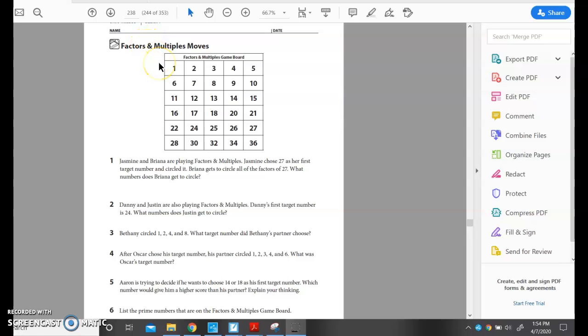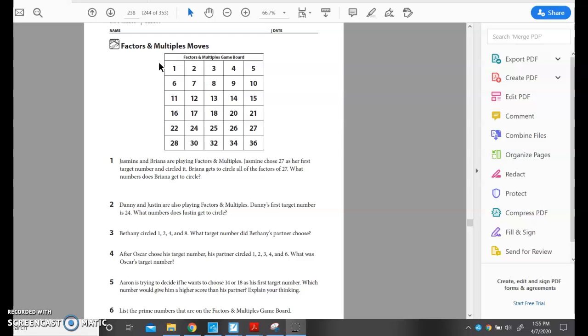Okay, remember, factors are pairs of numbers that you multiply together to get your starting number. So for example, a factor of 12 is 3 and 4 because 3 times 4 is 12. And then you have multiples. Multiples are products that you get when you multiply your starting number by another.